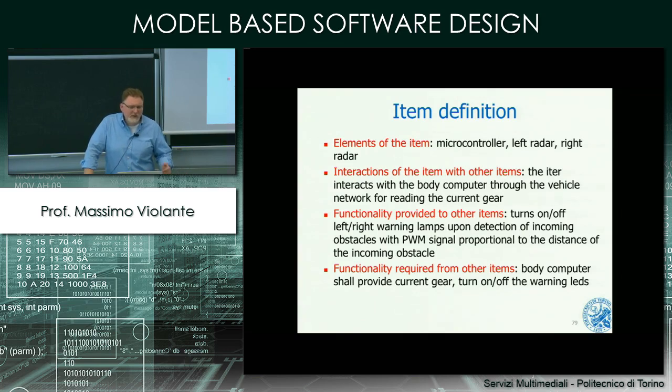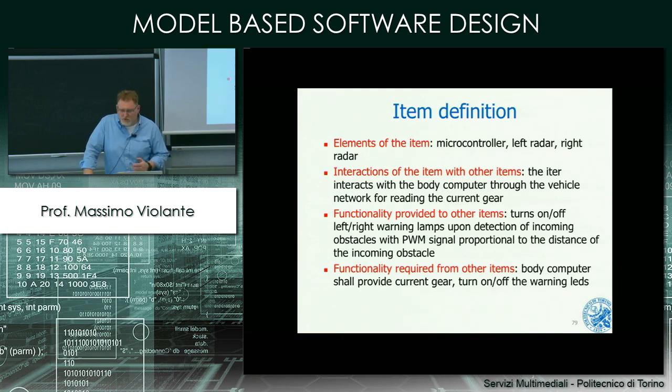This is typically the body computer, an item inside every vehicle that is a kind of gateway. It is where you run the commands for turning on and off the lights of the car, that is responsible for distributing in the vehicle informations like the speed of the vehicle.